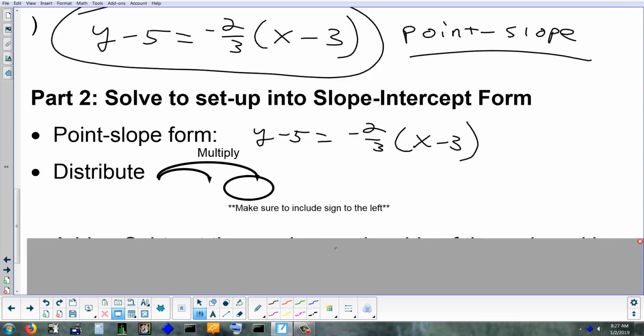So when I distribute this negative 2/3, is that going to affect anything on the left? The y minus 5. What do you think? Distributing the negative 2/3, does that affect the y minus 5? No?